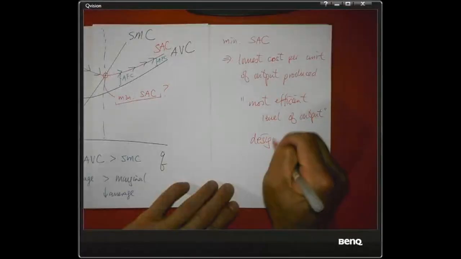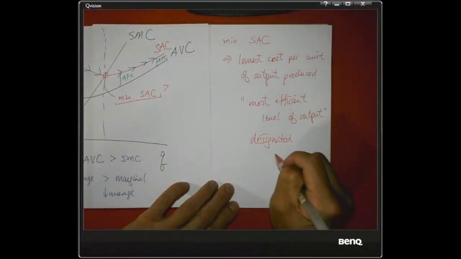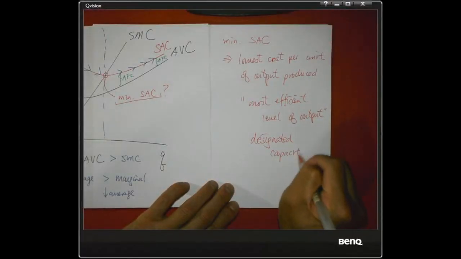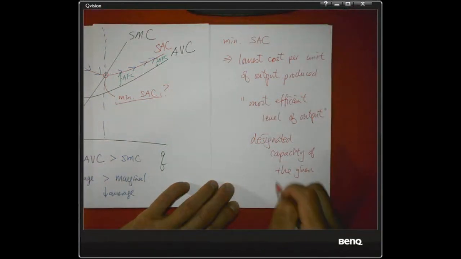Why is that? Well, because this is the designated capacity of the given factory size.